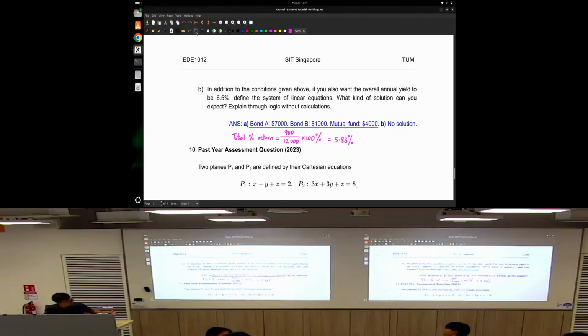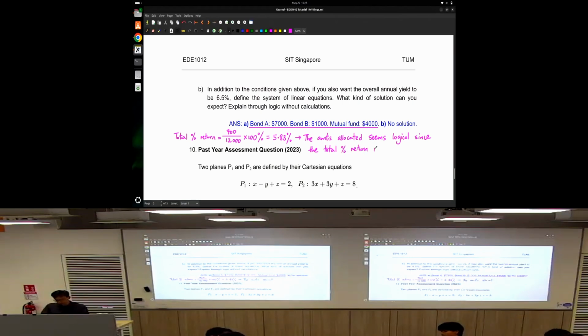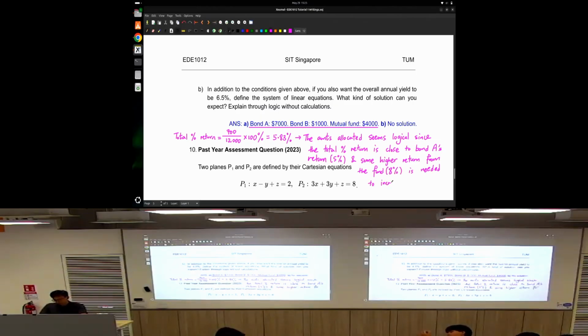Okay, so the asset allocation amounts must be in agreement with the constraints that you give. In this case, this is not entirely unexpected. From here we can see that the amounts allocated seem logical, since the total percentage return is close to bond A's return of 5%, and some higher return from the fund, which is 8%, is needed to increase it to 5.83%.